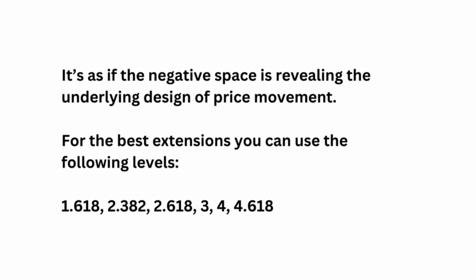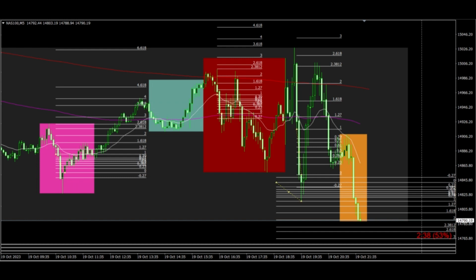For the best extensions, you can use the following levels: the 1.618, the 2.382, 2.618, the 3, the 4, and the 4.618. Here is an image of several fair value gaps that were used to create different extensions where you can see price respected those levels.